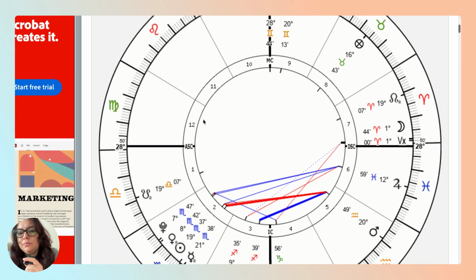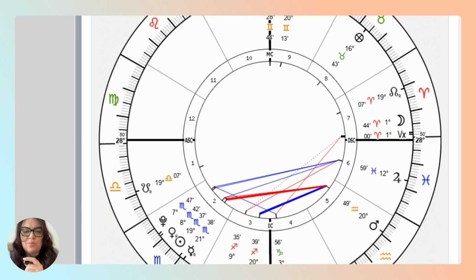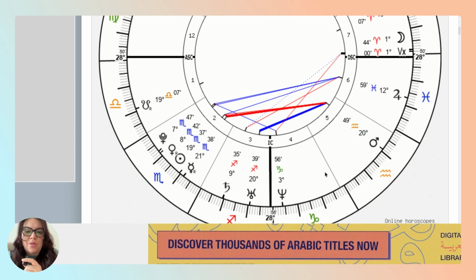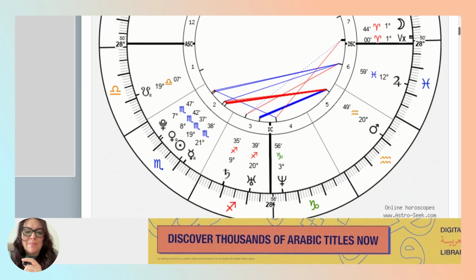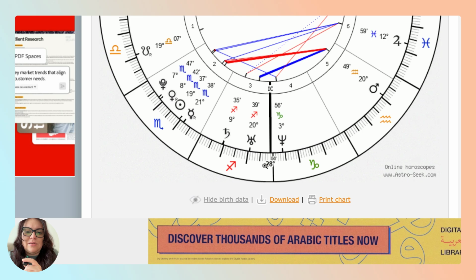The ascendant or the rising sign, house one, is how I show myself to the world, my personality. How I show myself to the world, I come out with the Virgo energy. What I get from my family, my roots, is in the degree 28 of Sagittarius.